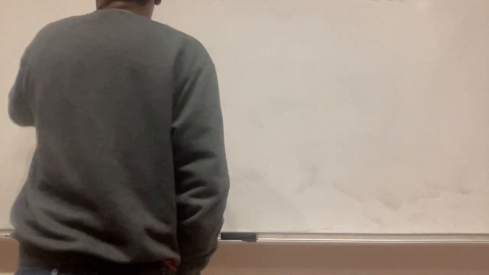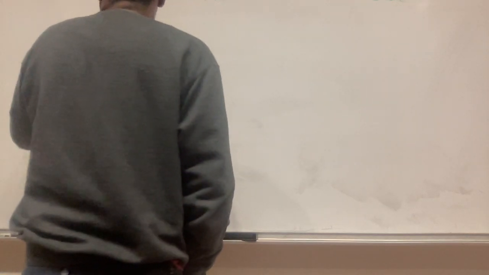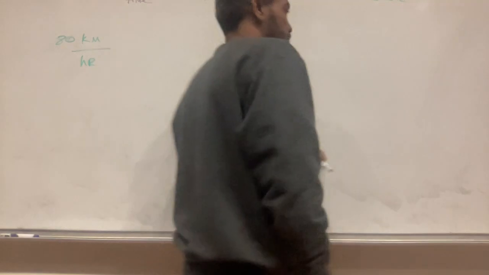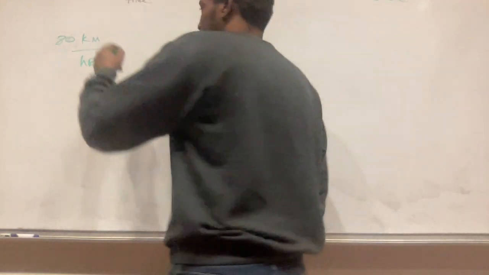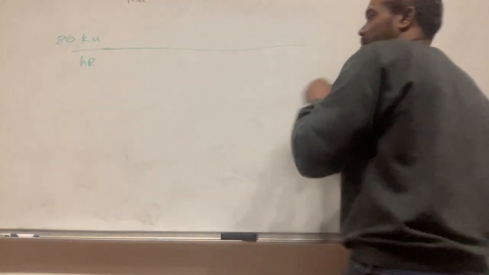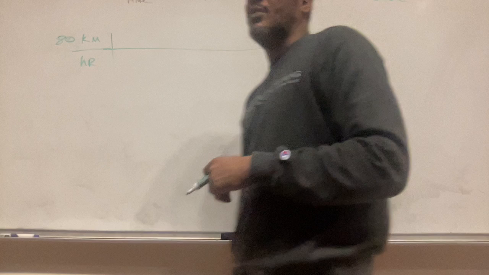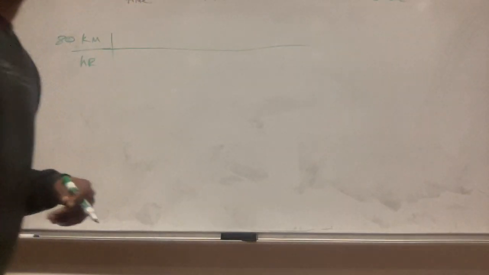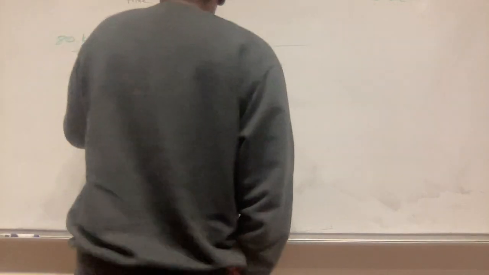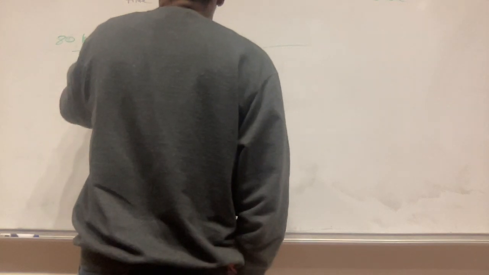And so we're gonna start with 80 kilometers over 1 hour. Right? And we're gonna extend this out like that. And somebody said we're gonna deal with the kilometers first. Right? So what goes on top, what goes on the bottom? So 1 kilometer on the bottom, 1,000 meters on the top. Right?